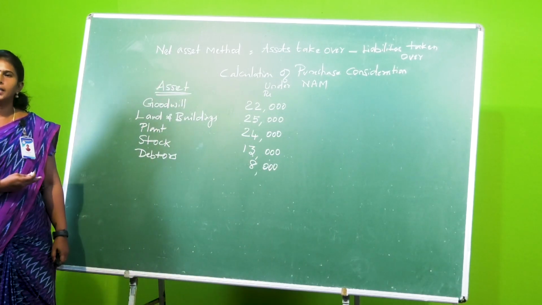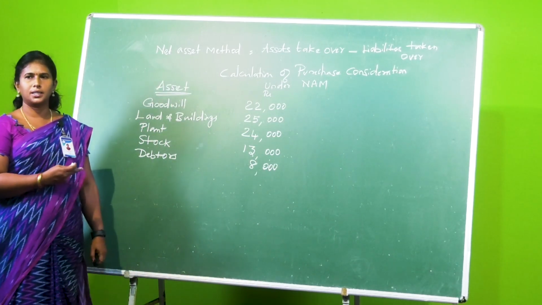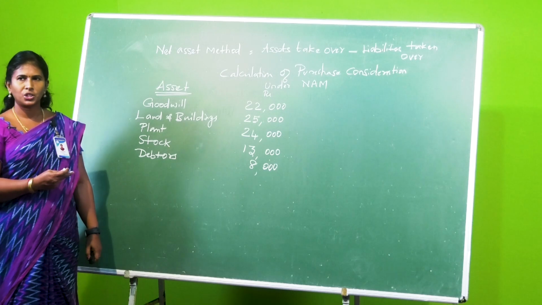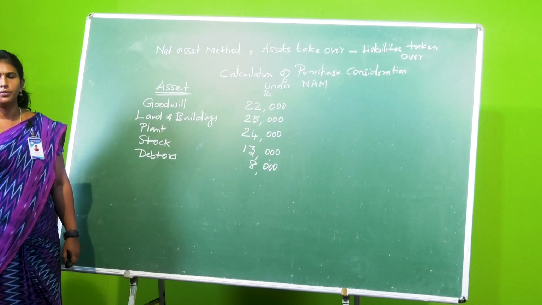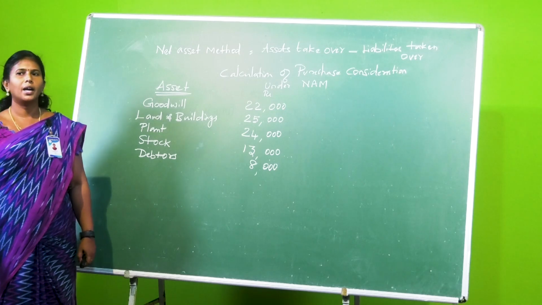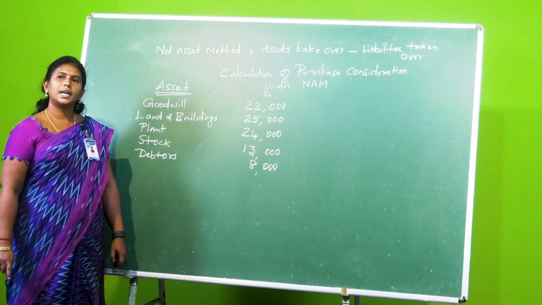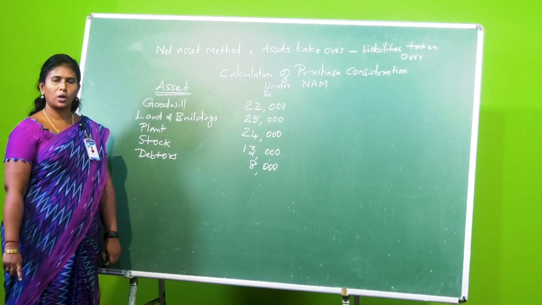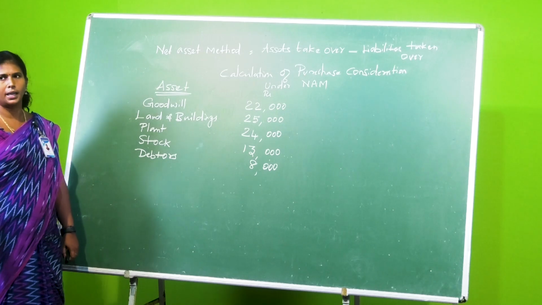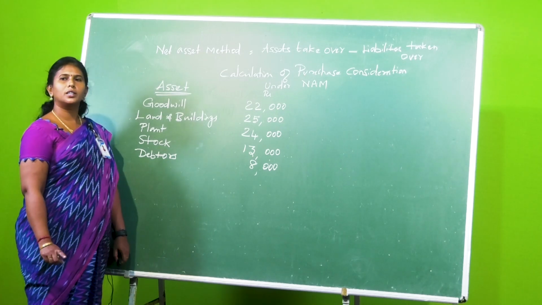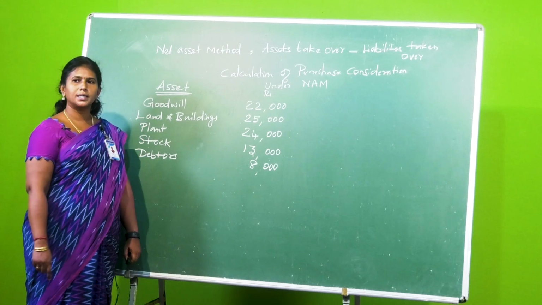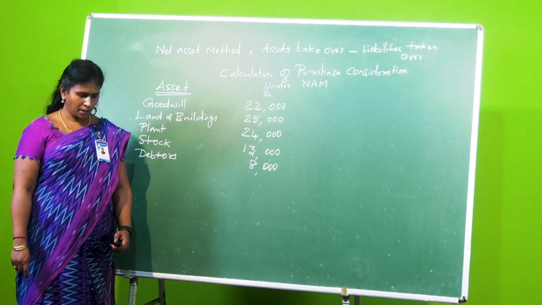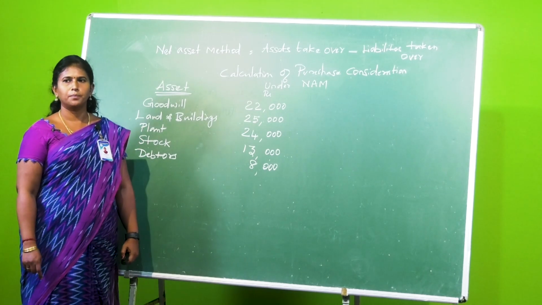So here we take the agreed value of assets only. Other than these items in the balance sheet, we have to leave out preliminary expenses. I already told you such items should not be taken into account. Items like preliminary expenses and discount on shares should not be taken into account when you consider the purchase consideration under the net asset method.